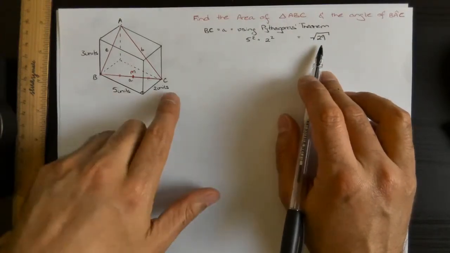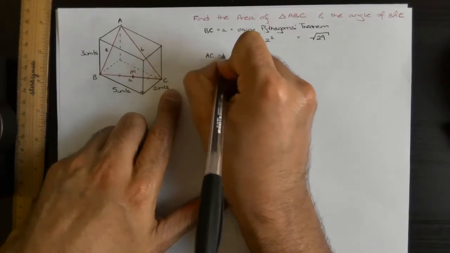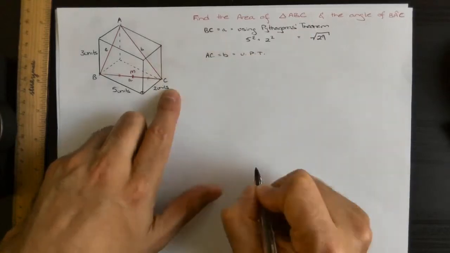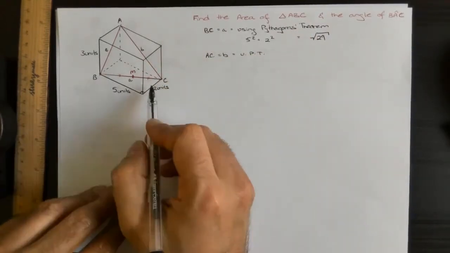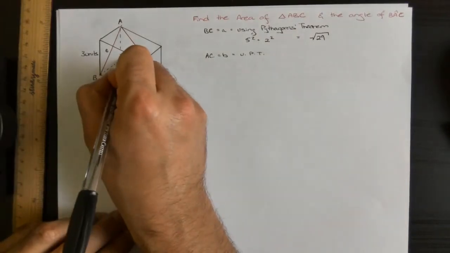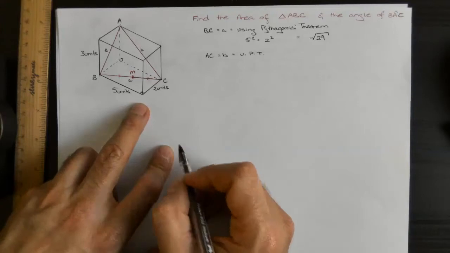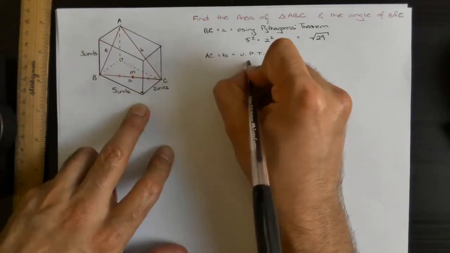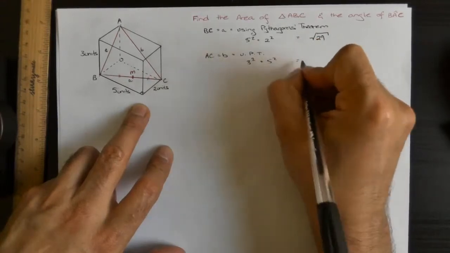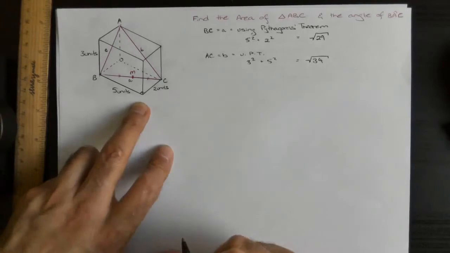Okay. Let's now calculate AC. Still using Pythagoras, this is the side of the prism, so we've got 3 squared plus 5 squared. So 9 plus 25 is 34.